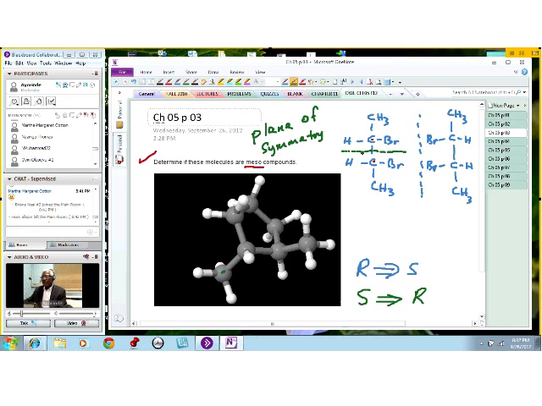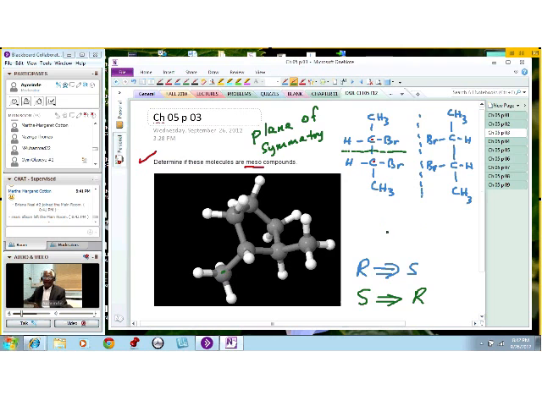Okay, if I can draw a plane of symmetry in that molecule such that you have one group, the same group is on one side as on the other side, and if that molecule also have at least two chirality carbon, then you know you have a meso molecule.